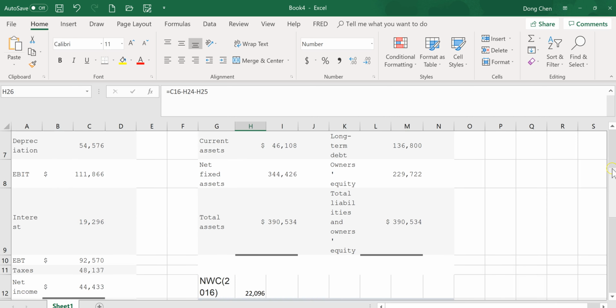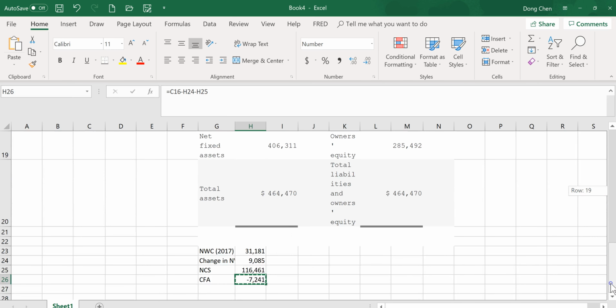Interest is right here. So we can do the calculation of cash flow to bondholders or the creditors, to be consistent with the terminology used in the next slides.